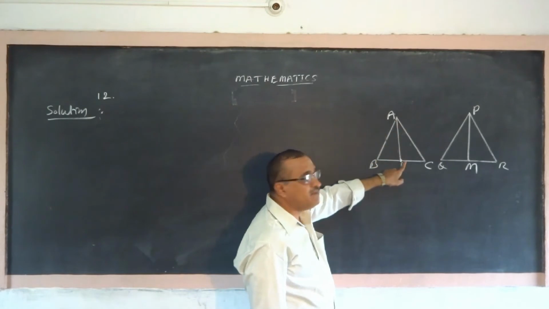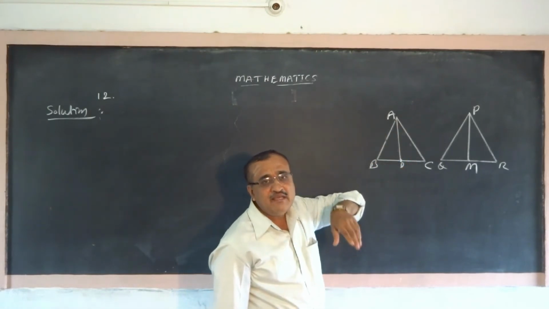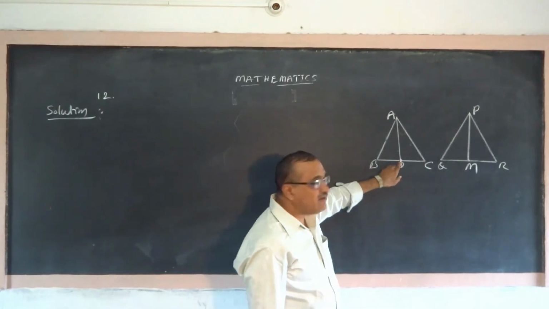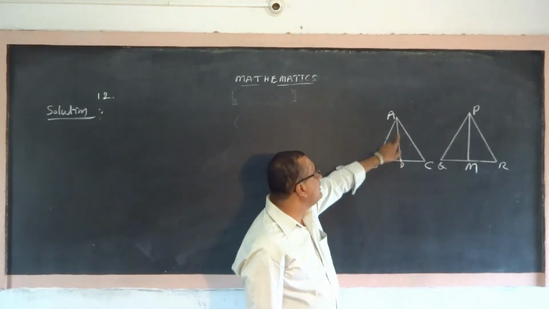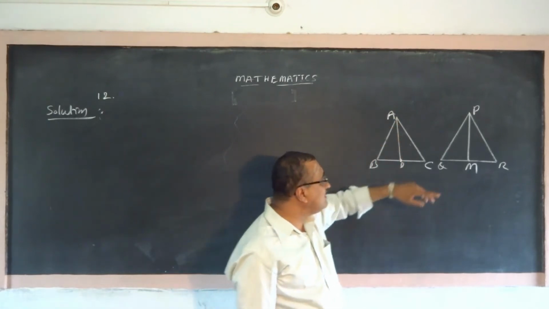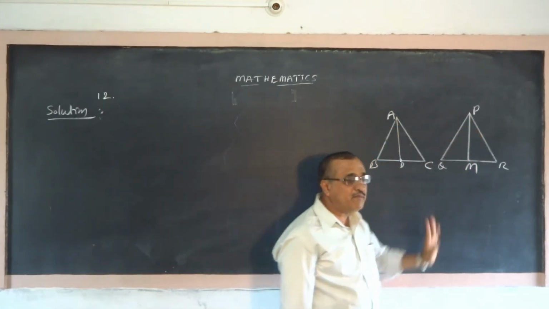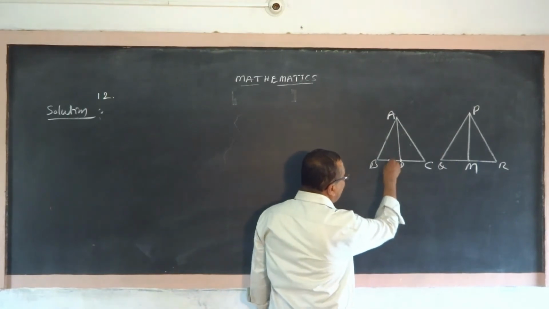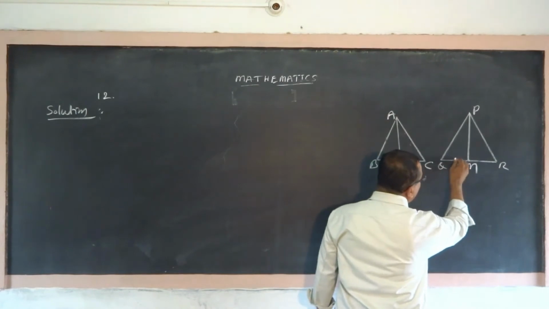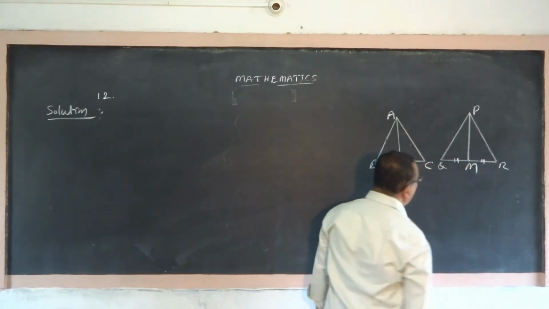AD is the median because it joins the midpoint of BC, that is D, to its opposite vertex A. Similarly PM is also a median. So BD equals DC, and QM equals MR.